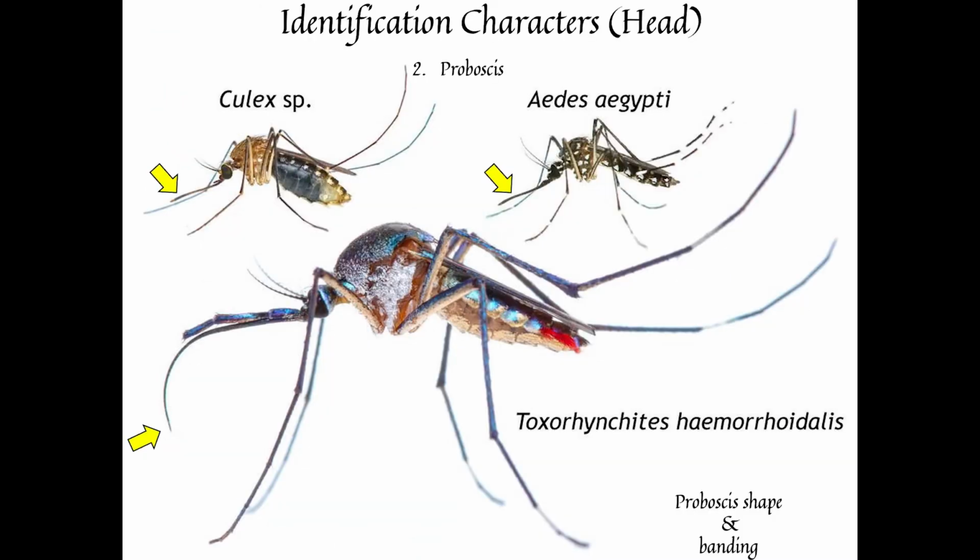You may also be looking at the proboscis. The shape here is distinctive, as you can see with the Toxorhynchites. It has a curvature that goes down, or you may have species which also have banding of scales across or in larger sections on the proboscis as well.